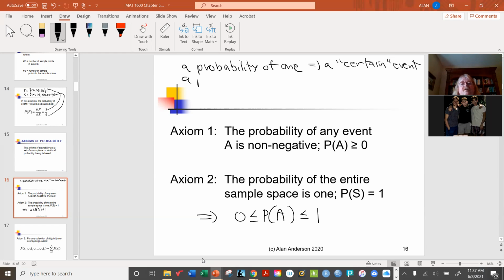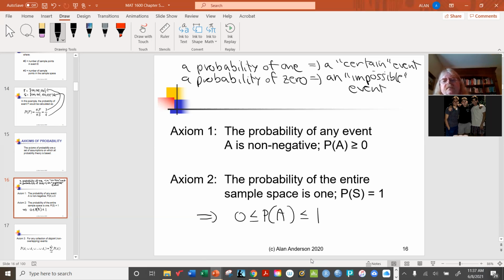A probability of 0 at the other extreme means an impossible event. And then we have everything in between. Okay, so in other words, all probabilities will be somewhere between 0 and 1. If it's exactly 1, that means the event is certain to take place. If it's 0, that means it's not possible for that event to take place.